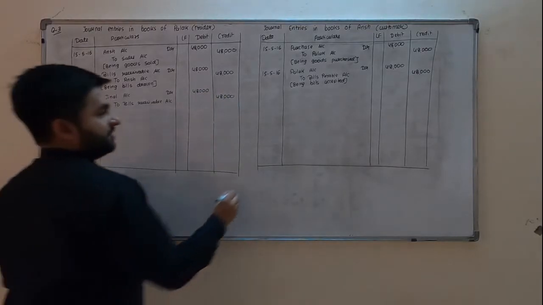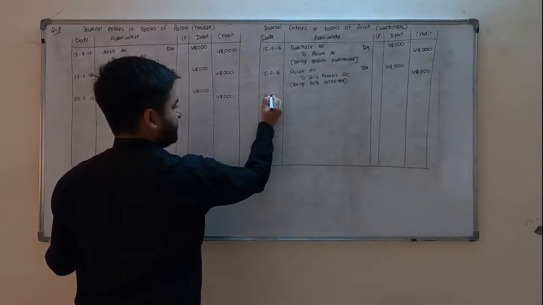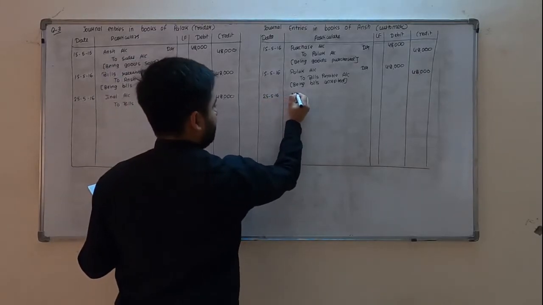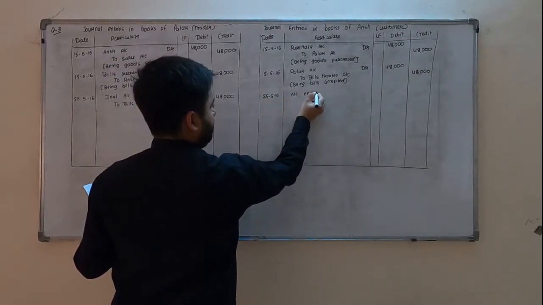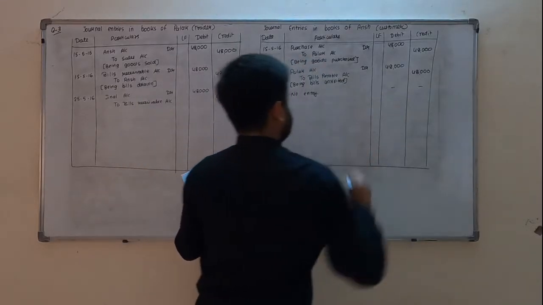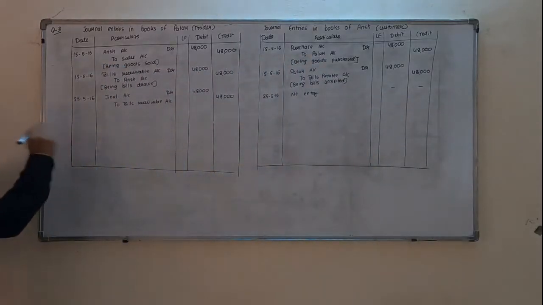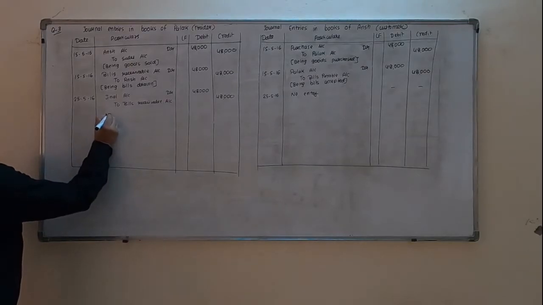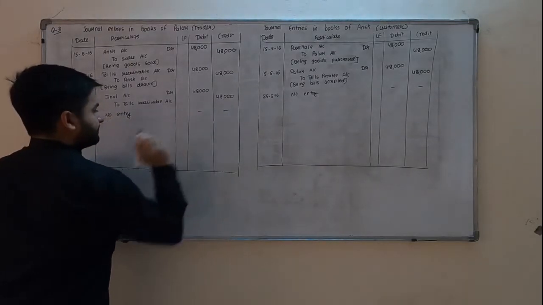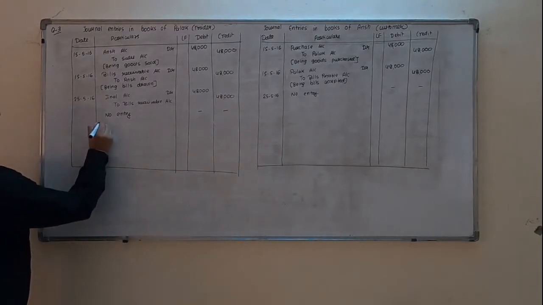Whereas before the maturity date, this person does not have to do anything, so here there will be no entry. Okay. Now on the maturity date, here there will be no entry because this bill is already given to another person. Now let's calculate the maturity date.